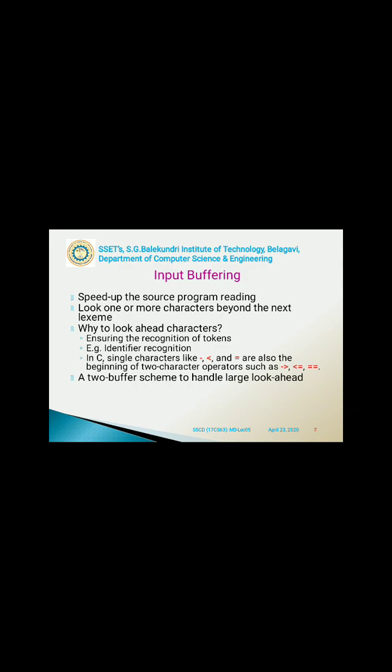If it reads character by character, it is going to consume a lot of time. Every time you have to call the input device to get one character, and then it should be given to the lexical analyzer, and again you recall. This will consume a lot of time. So how can we speed up this process?